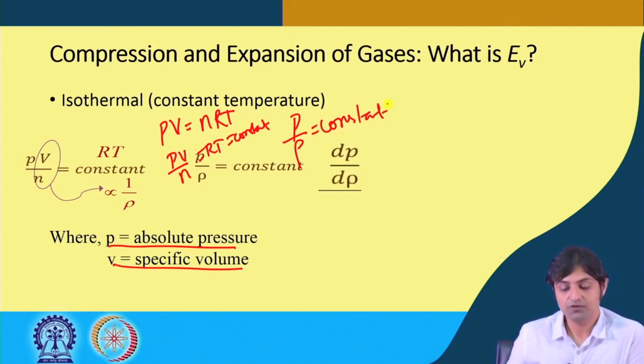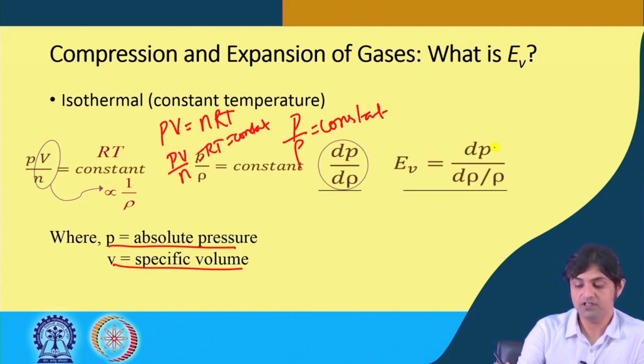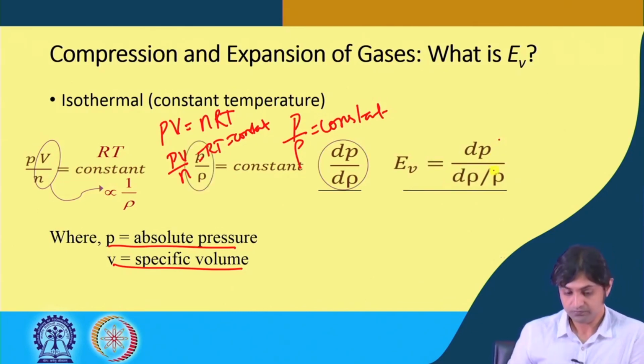So we need to find out dP by d rho to be able to find out EV, because EV is given as dP divided by d rho by rho. So P by rho is a constant, right?